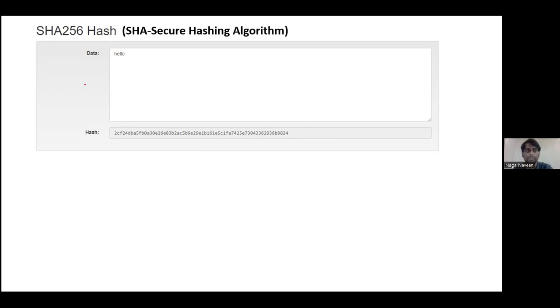Because those 256 bits are in binary and will not fit in this small space. So just for visualizing purposes, it is reduced and represented in alphanumeric format, with alphabets also present in this hash. So for now, think that the SHA-256 algorithm is used to produce a hash of 256 bits.